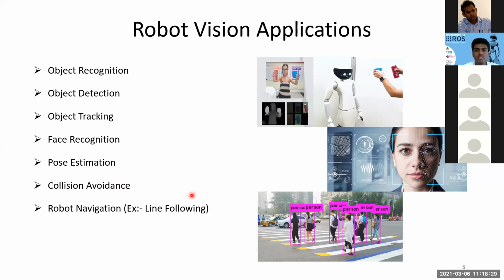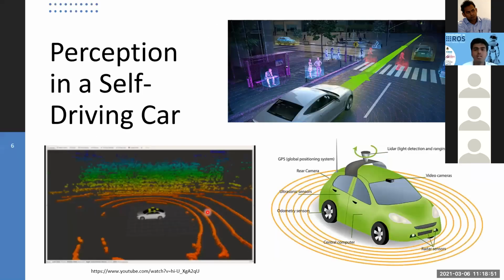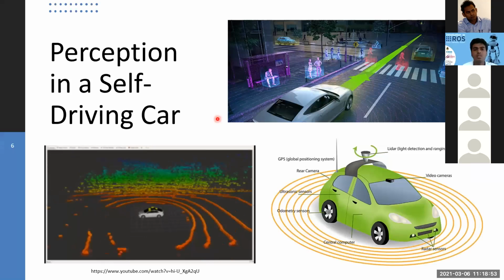For that, they use different algorithms. The last part is robot navigation. In robot navigation, they use inputs from the sensors to execute navigational tasks such as line following.